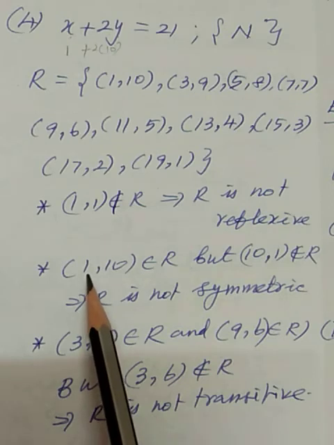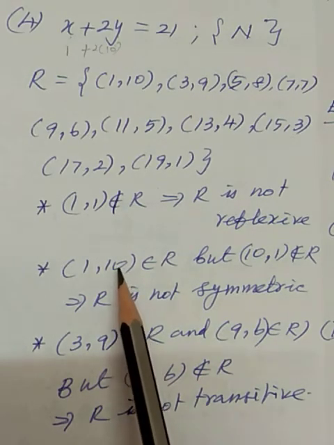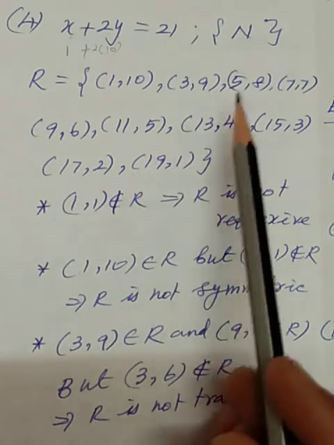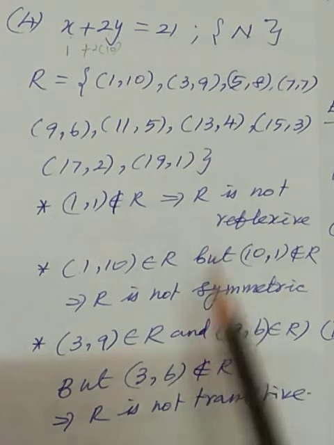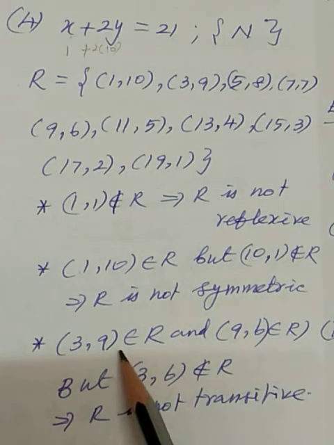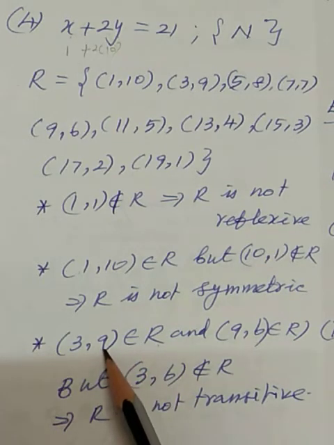And see here, (1, 10) belongs to R. If it is symmetric, then (10, 1) must also belong to R. But (10, 1) doesn't belong to R. Therefore it is not symmetric. Likewise (3, 9) belongs to R, and you find an element starting with 9.